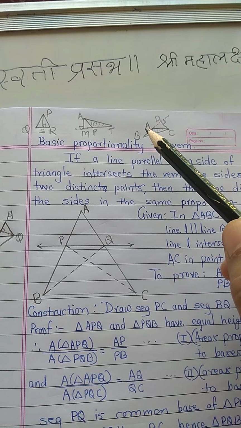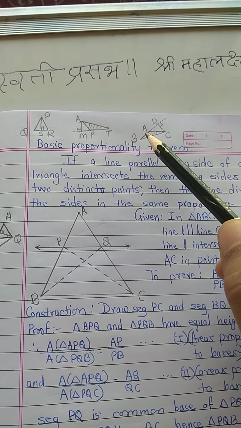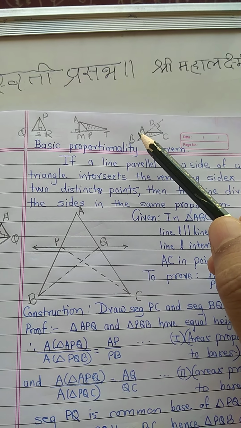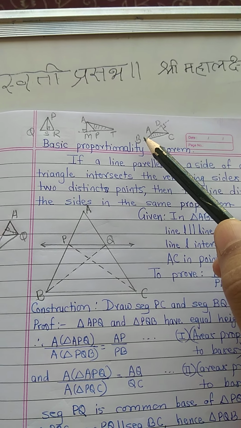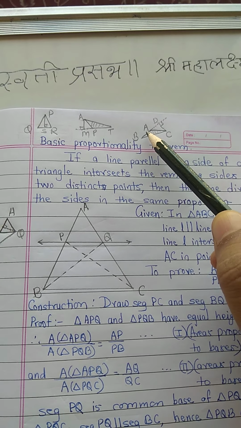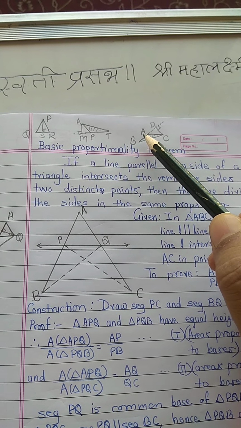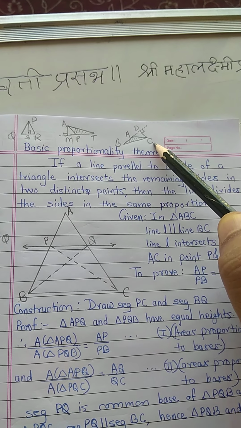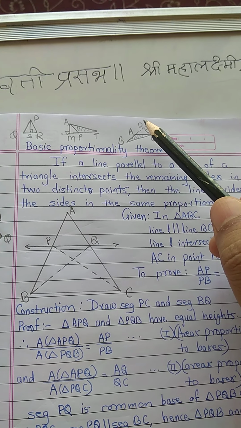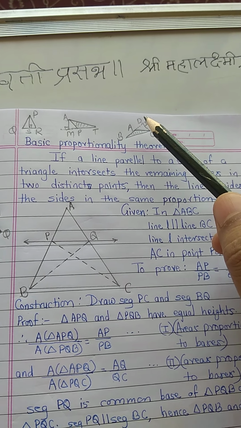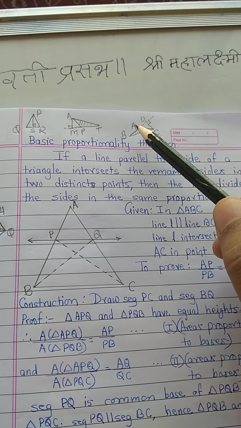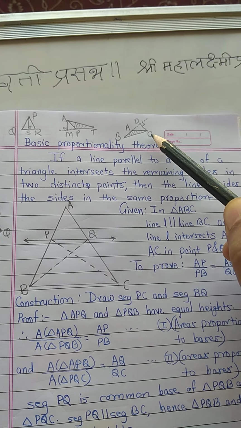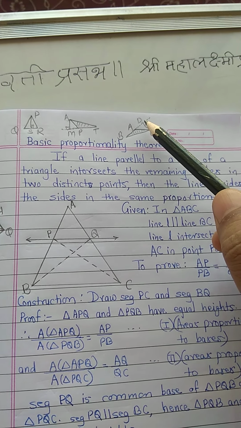For this triangle ABC, if you are taking AB as a base, then you cannot say that CA is the height. We have to extend this BA and then draw a perpendicular from this point C on this extended segment or line. If AB is the base, then you should say this perpendicular CD is the height.